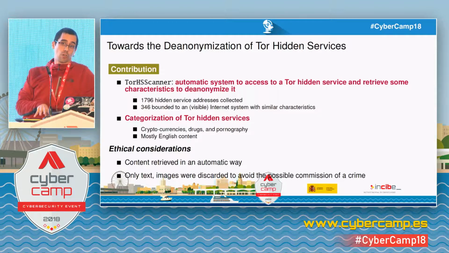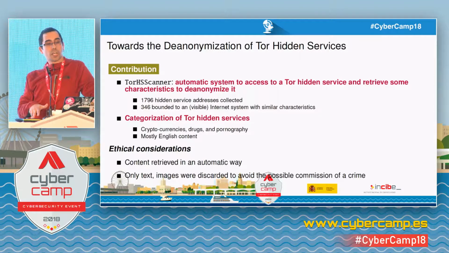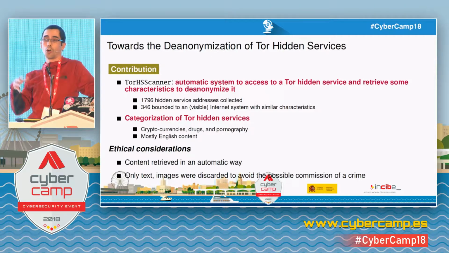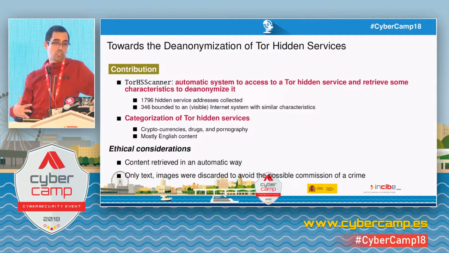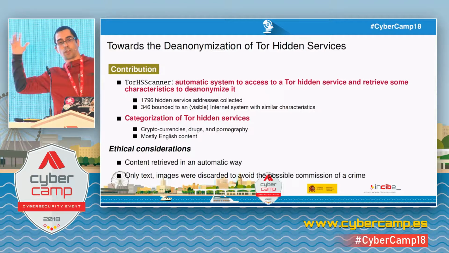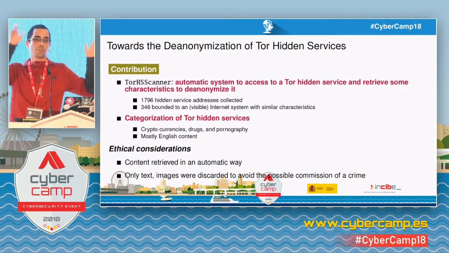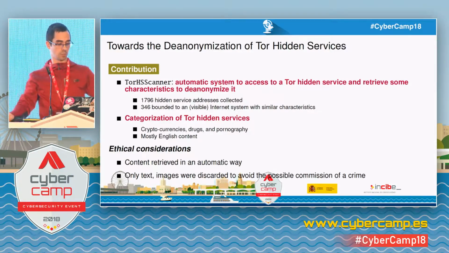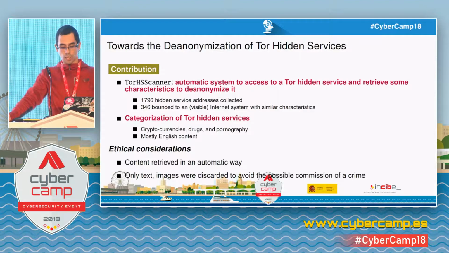So our analysis was based on word count, and we came out with graphs talking about cryptocurrency, drugs, and pornography. So pornography included everything, child porn and all types of porn.